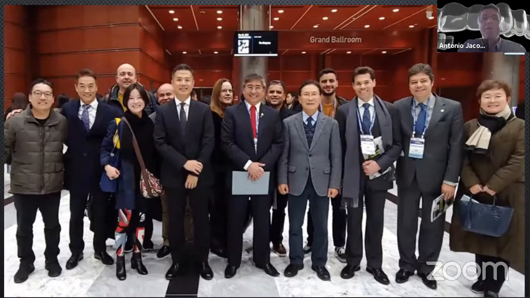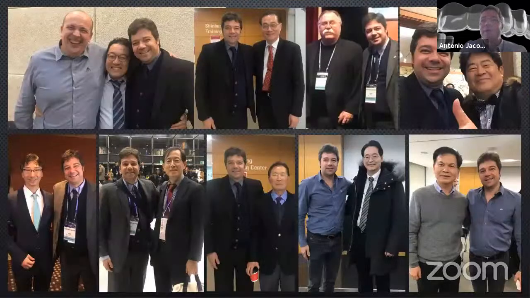So this was a congress that we participated in, in Seoul. This was the entire group, Professor Kyung Chung in the middle, our professor from Belo Horizonte here, Professor Eto, and Professor Kim of St. Louis University, and other colleagues there. It was a very nice moment. I had the chance to meet and make a lot of good friends and get to know the great orthodontists that we have in South Korea.